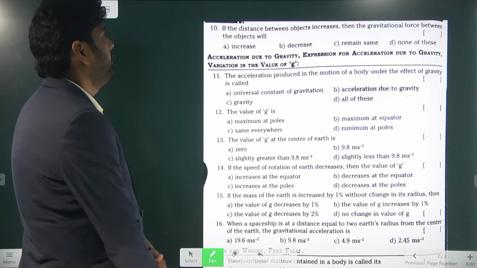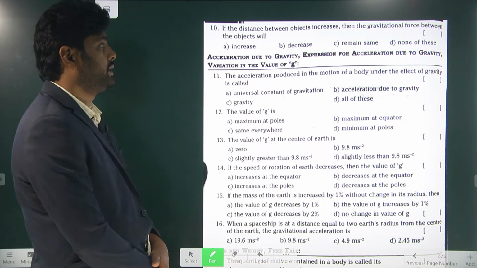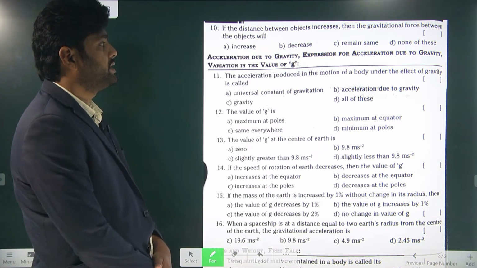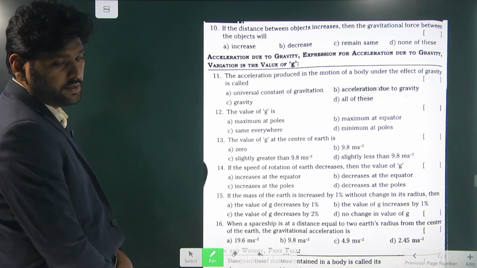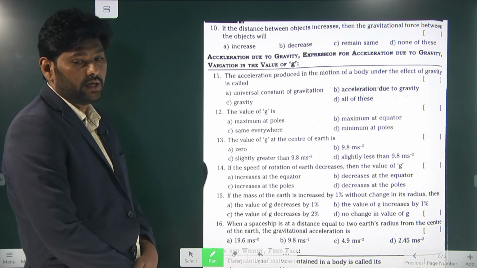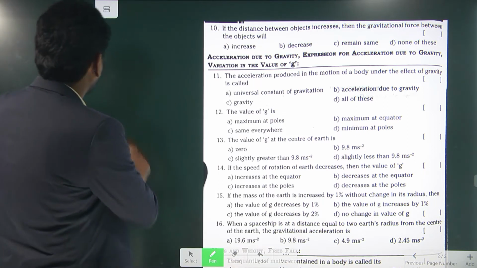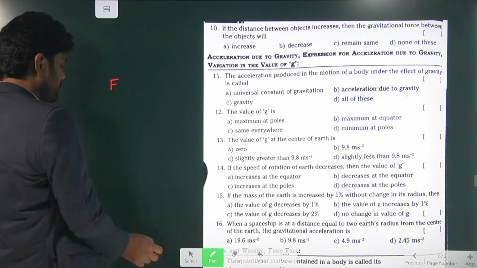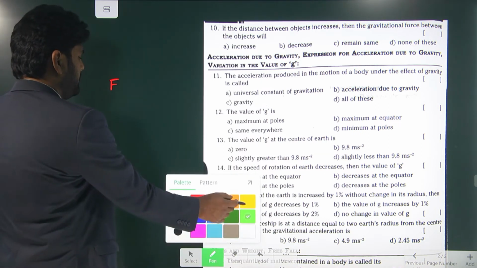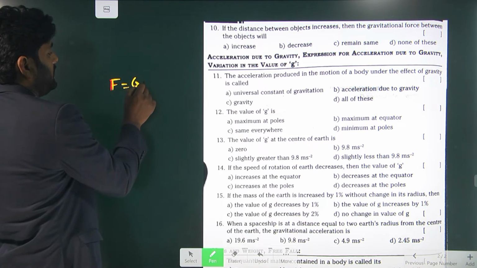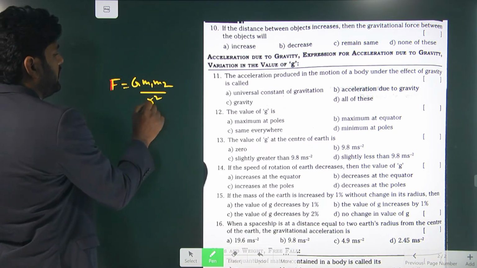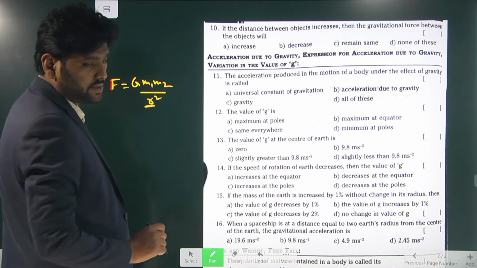If the distance between the objects increases, then does the gravitational force between them decrease or increase? Look here: the gravitational force between the two objects is F is equal to G m1 m2 by r square. Here r is nothing but the distance between the masses.